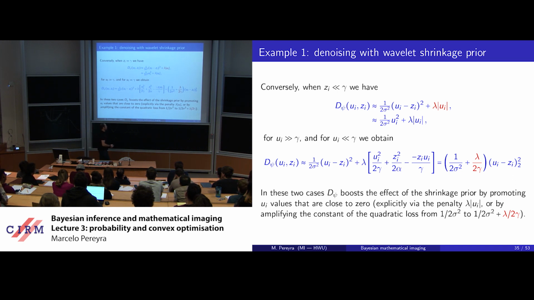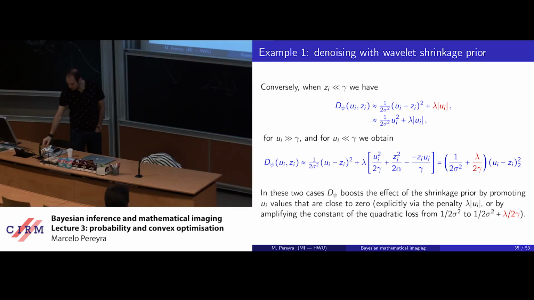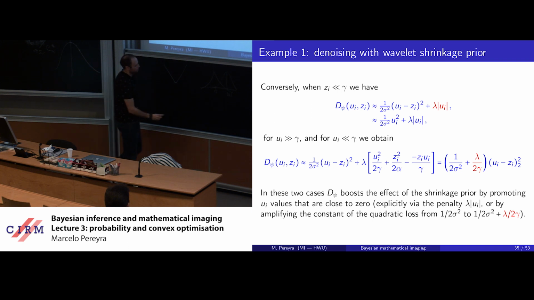So when you are in that situation, you have used a certain model to describe your signal. You have said that your prior looks like this. Your true signal was sparser than this. So maybe your true signal had a lot more concentration around 0 than what your model suggests.